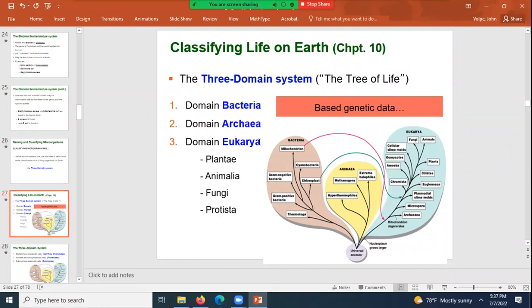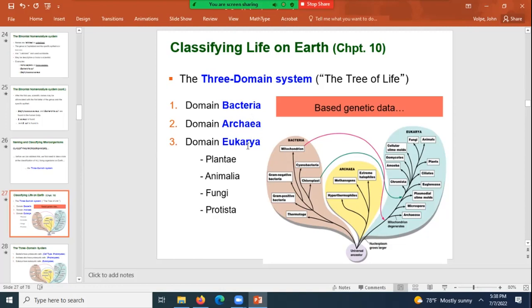We're not going to use that approach. Some people use the 5 kingdom approach, and we're not going to talk about what that is, but there's 4 kingdoms: plant, animals, fungi, and protista. And then they lump the prokaryotes together. And I consider that a mistake because the bacteria should not be in the same kingdom as the archaea because they're in different domains. And the domain is larger than a kingdom.